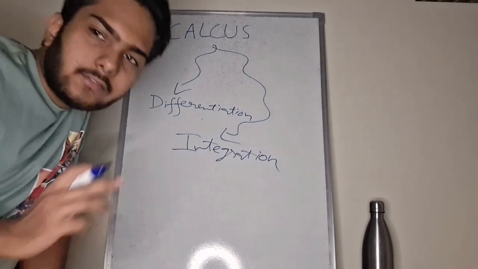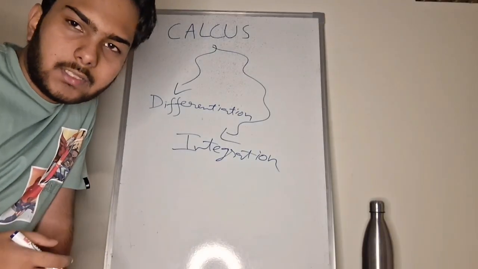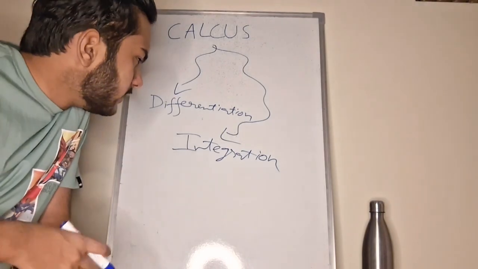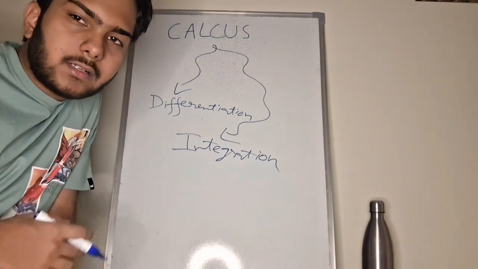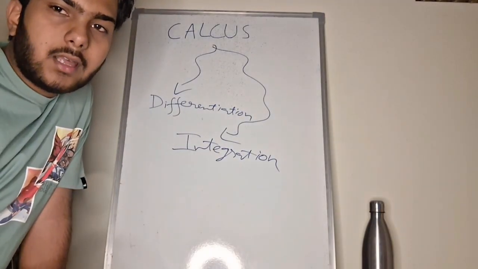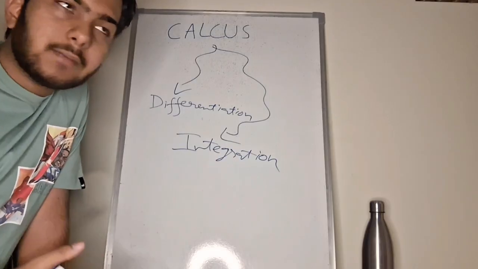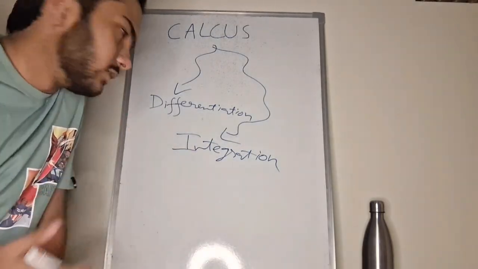Now, differentiation is the one which is primarily concerned with rates of change, and integration is the polar opposite of it. In differentiation, you are given a function and you need to find its rate of change with respect to something. For example, rate of change of velocity with respect to time, which is acceleration.